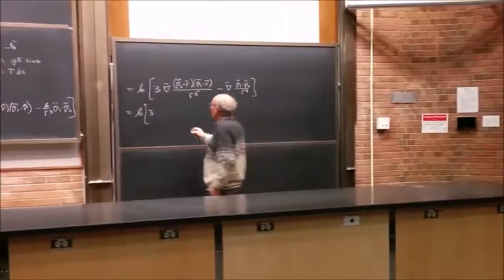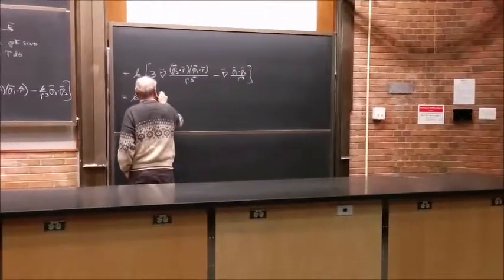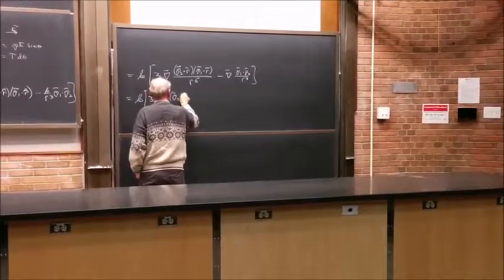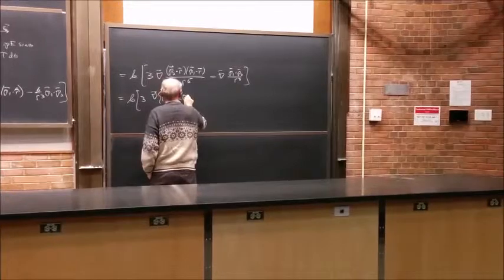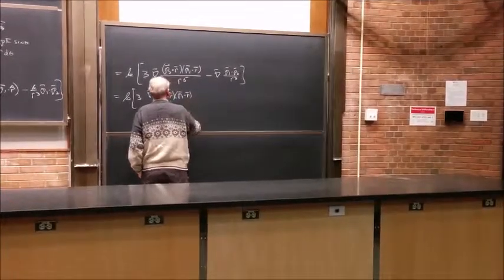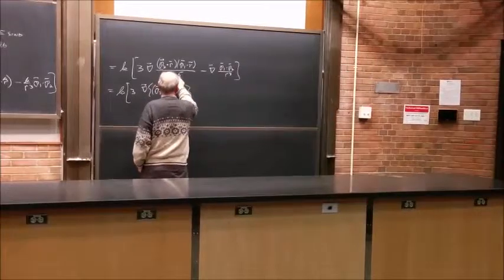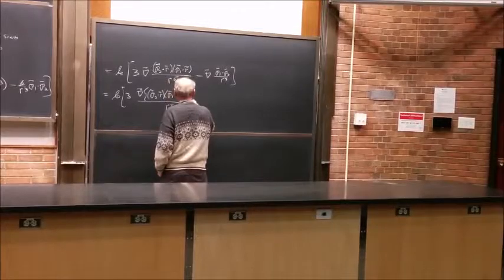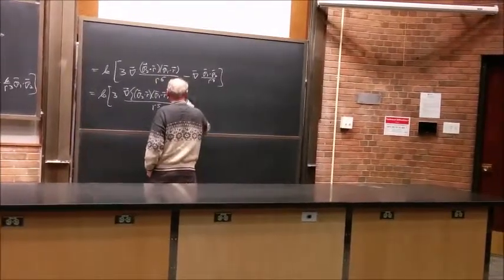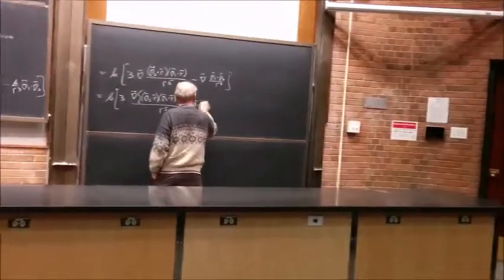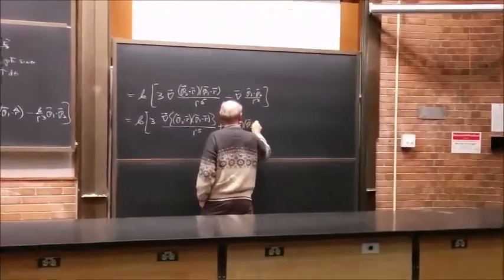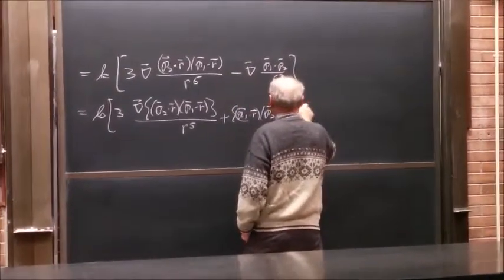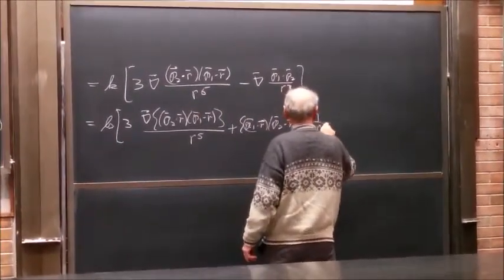So this would be the gradient of P2 dot R times P1 dot R, times the second, 1 over R to the 5th, plus the first one, P1 dot R times P2 dot R, times the gradient of the second, 1 over R to the 5th.